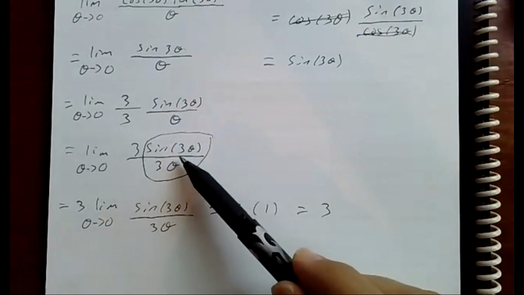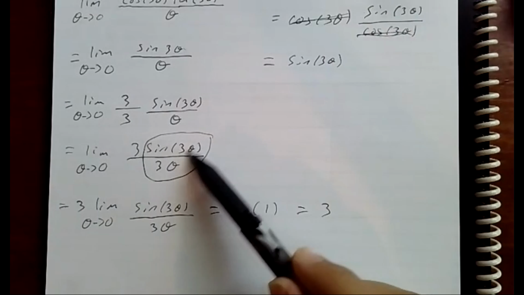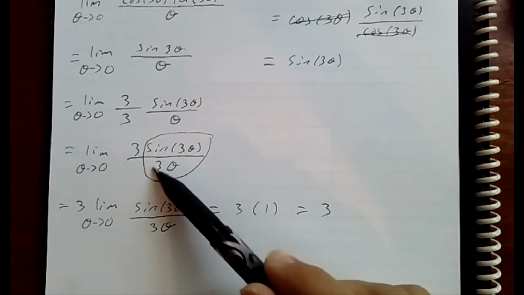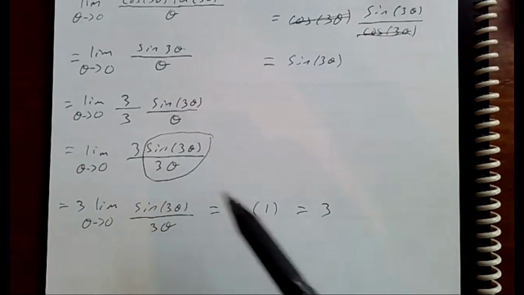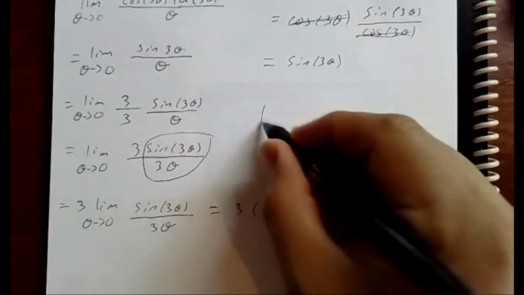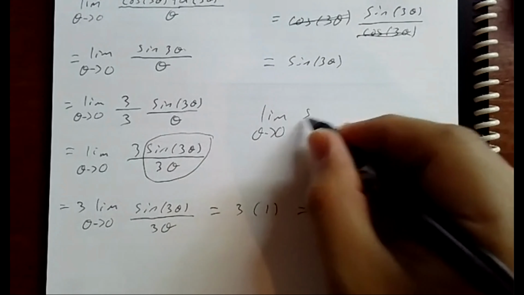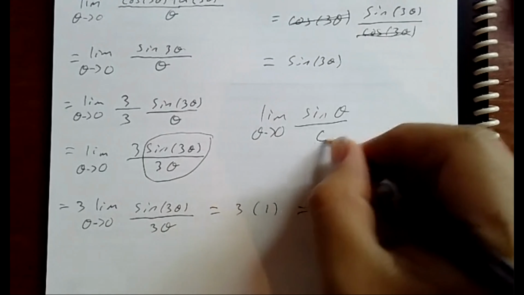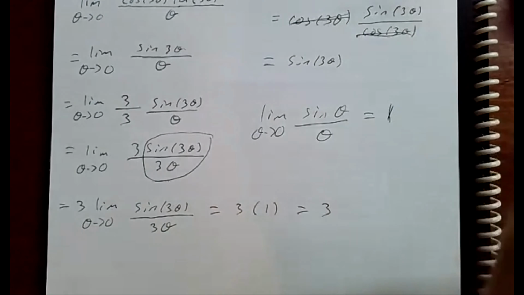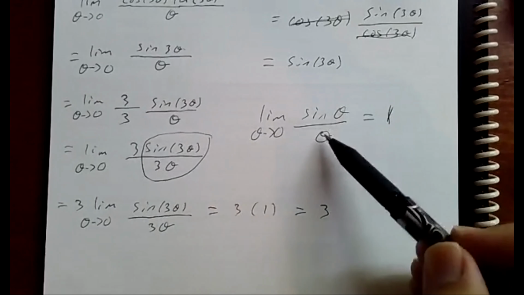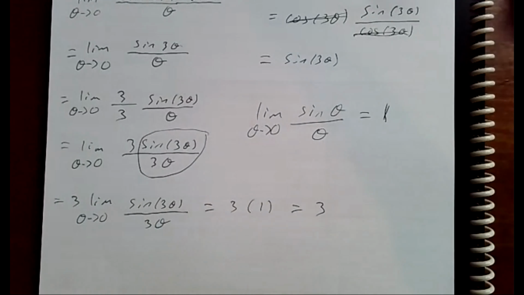Once you have the same thing on top inside the sine and on the bottom of the fraction, you can apply your formula. The formula being this guy. So as long as these match, you can do it. Oh, okay, that makes sense. Yeah, so I forced it to match.